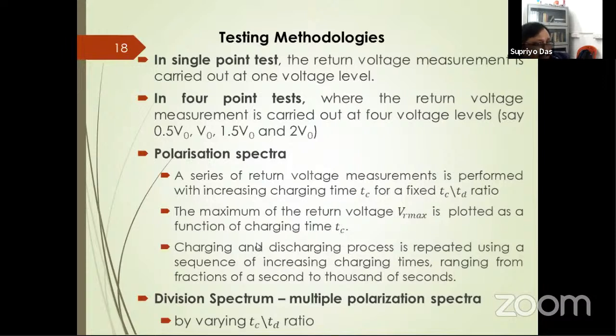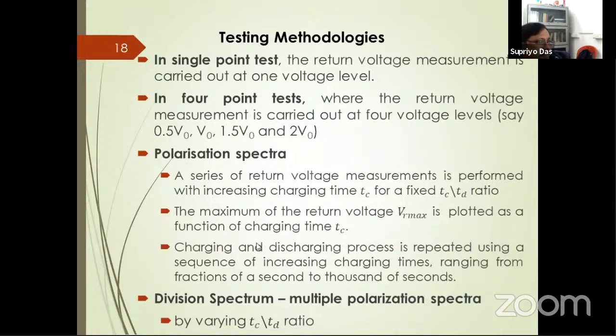The 4-point test gives a comparison: it is done under 4 different voltages. This voltage means the charging voltage we are applying. Let us say 0.5 V, V, 1.5 V or 2 V, at 4 different voltages we charge the sample and then calculate the recovery characteristics: its slope, its peak value, recovery voltage peak value, time to peak value, and then do a comparison.